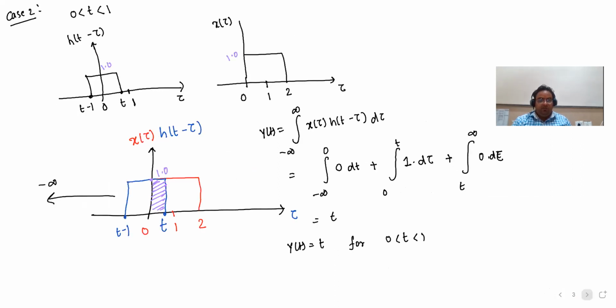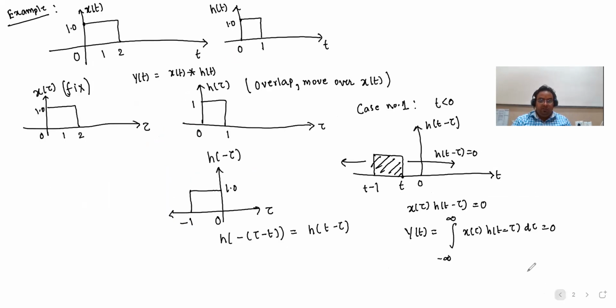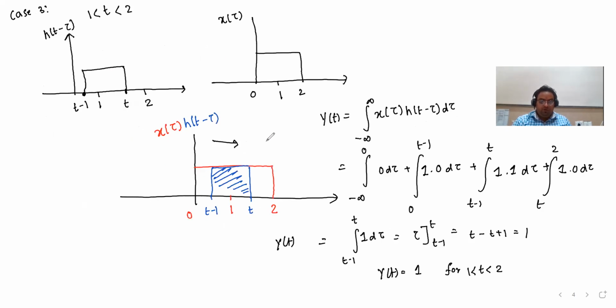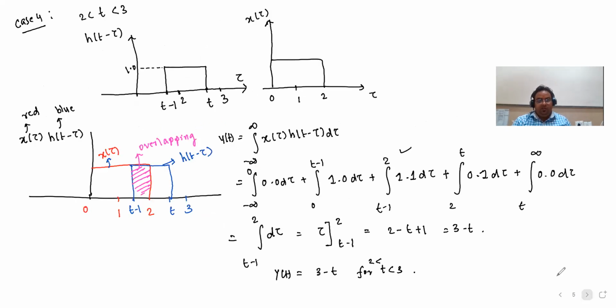Initially we kept it on the left, then we saw how much it was overlapping. Then we moved it further to the right, and each time we saw the overlap.